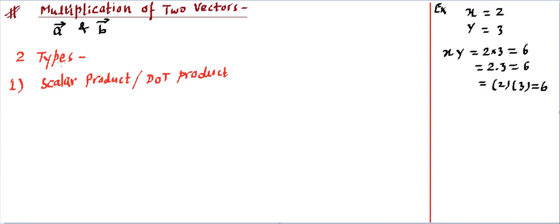Here we need to take care of the language. The first type of multiplication will be known as either scalar product or dot product, and the second will be known as vector product or cross product.